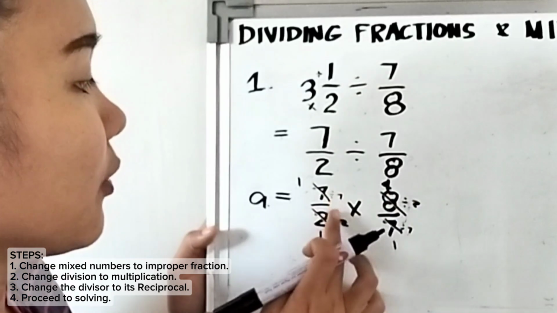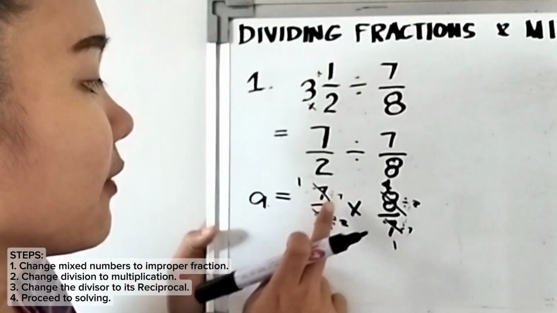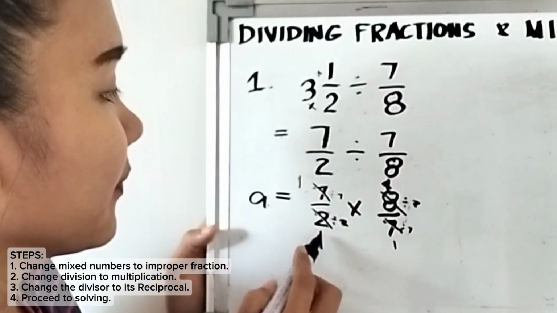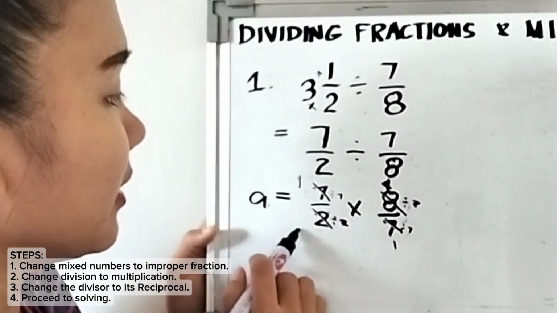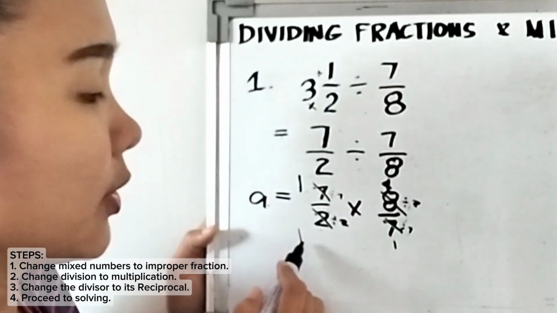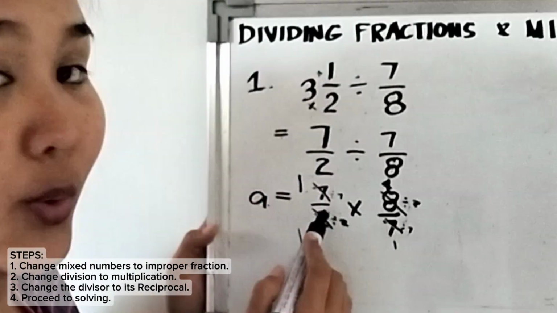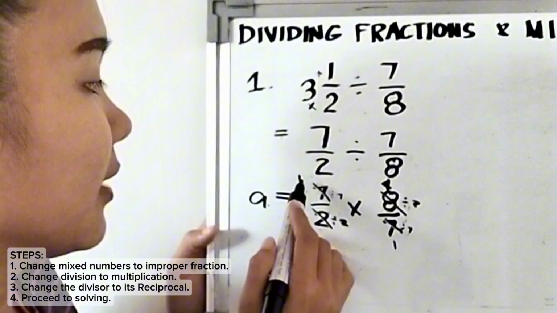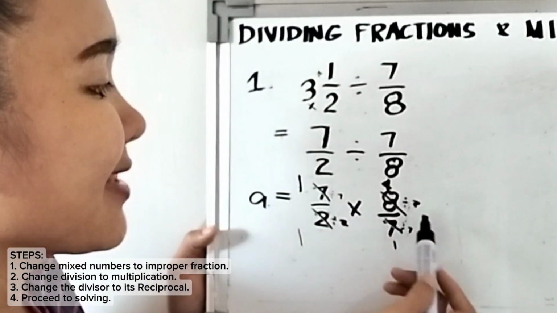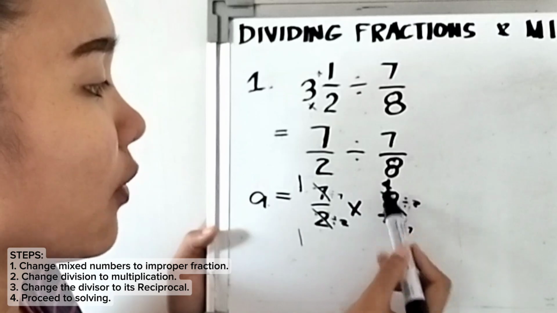So instead of 7 over 2, we have now 1 over 1. That's the answer. 7 divided by 7 equals 1, and 2 divided by 2 equals 1. So instead of 7 over 2, we have now 1 over 1. And then instead of 8 over 7, we have now 4 over 1.